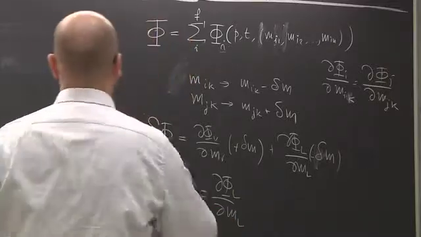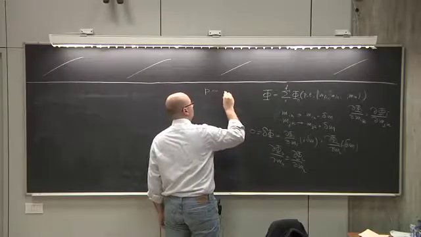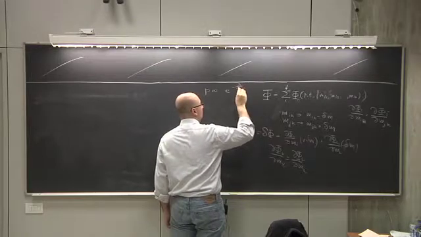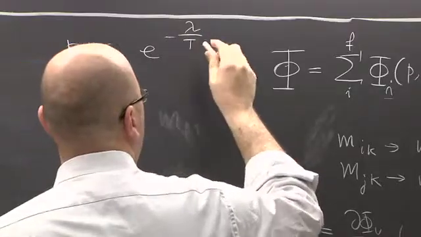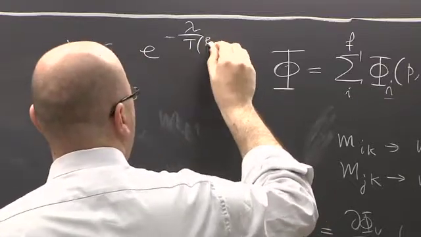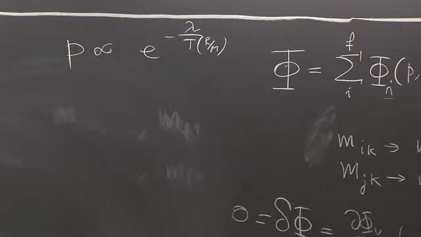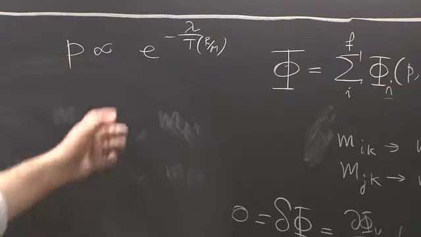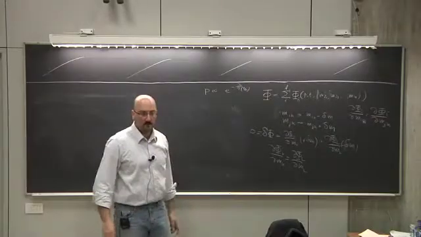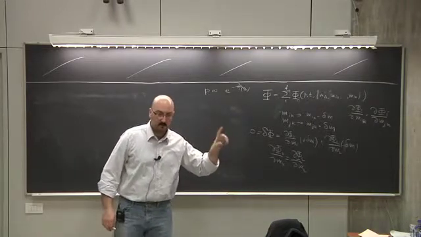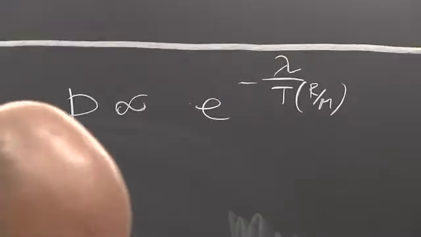You remember we had something like the pressure was proportional to e to the minus lambda divided by T, divided by m, something like this. Okay, the constant in front could not be determined. It could be determined if we consider the constant in the third law of thermodynamics.